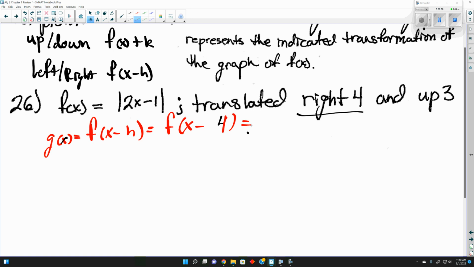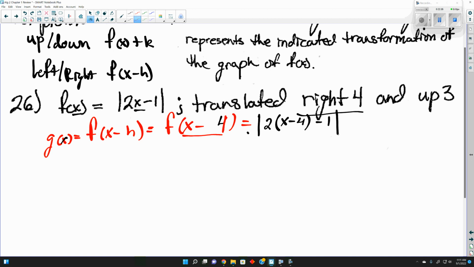Okay. Well, we started out with f of x, yes? Well, we replaced x with what? X minus 4, yes? So inside the function, I'm going to replace this x with x minus 4. Which means we'll have the absolute value of 2 times, well, it was times x. It's not times x anymore. It's times x minus 4, minus 1.